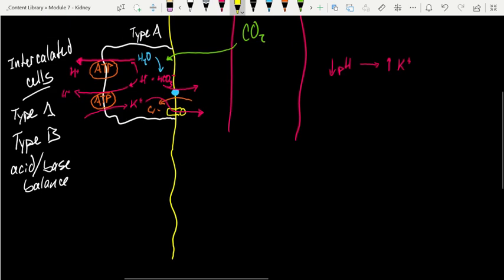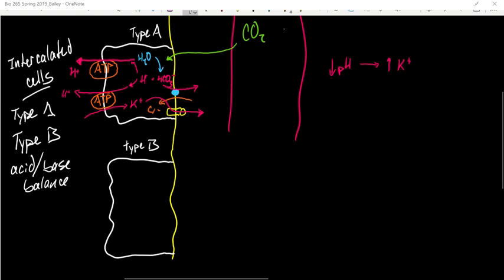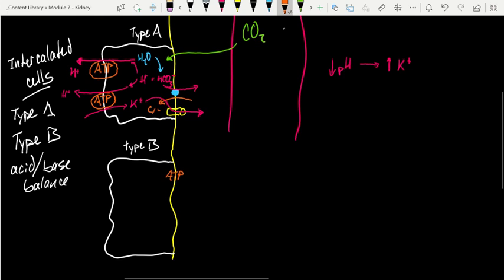Okay, let's look at the other type of cell really quick. The type B cell, we'll draw it right beneath. And what you'll see is that it's nearly identical to type A in every way, except it's backwards. In other words, those ATP pumps, now instead of the luminal surface, are on the basolateral surface. But they work the same way.